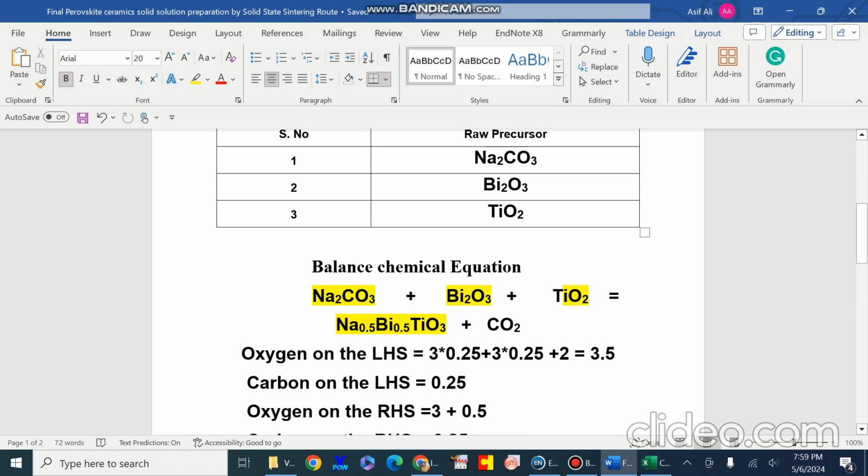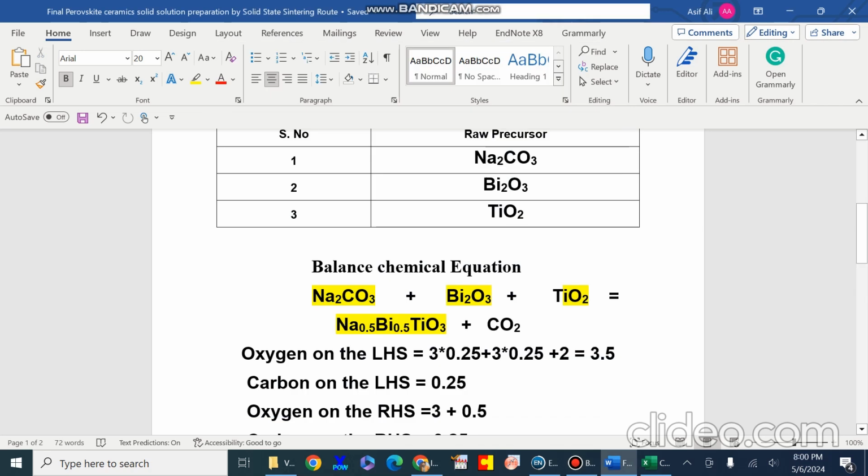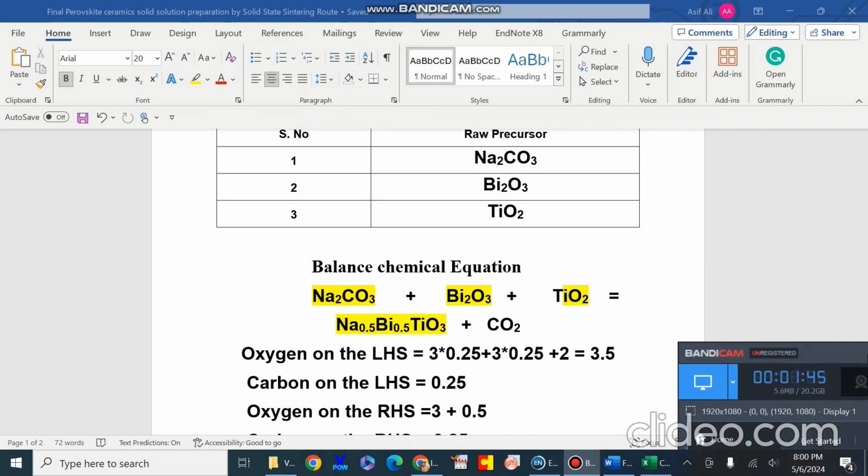The most important thing for the calculation is the balanced chemical equation, on the basis of which we will calculate the batch. We have to look at the right side of the equation, and then balance the left side with the right side to achieve the batch required for the preparation of the ABX3 perovskite material.